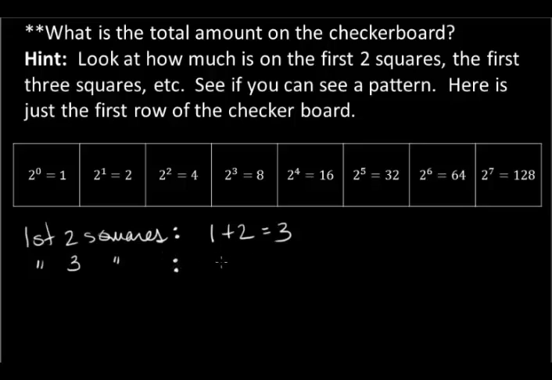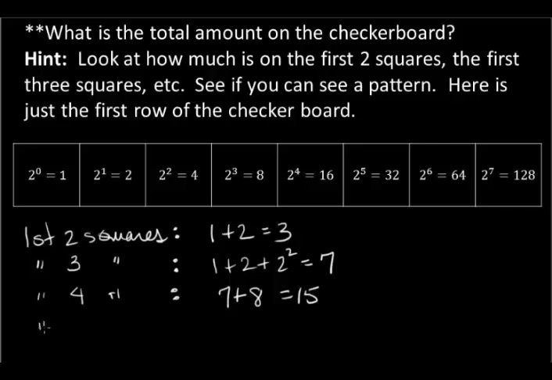Well, then we would add up 1 plus 2 plus 2 squared, which is 3 plus 4, or 7. Just add up. How many are on the first 4 squares? Well, that's going to be the amount that was on the first 3 squares, 7, and we're going to add 2 cubed to that, which is 8, and we get 15.